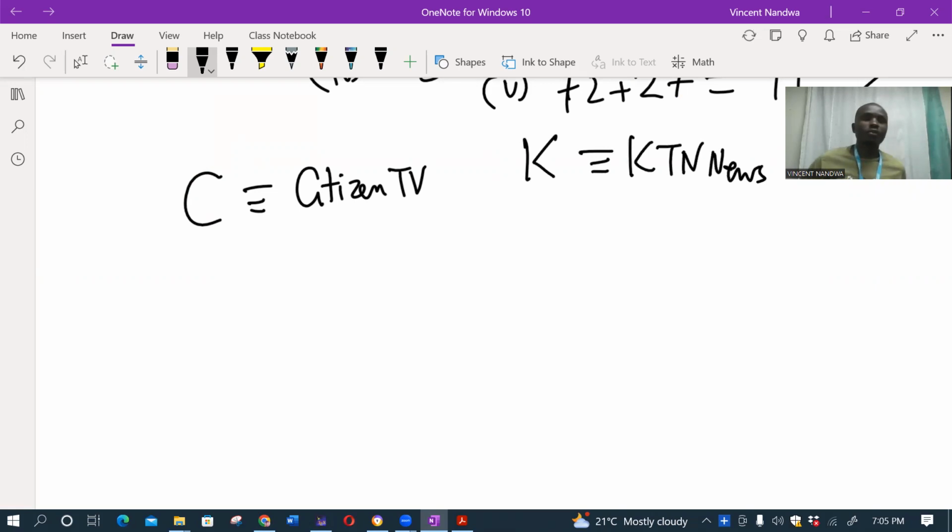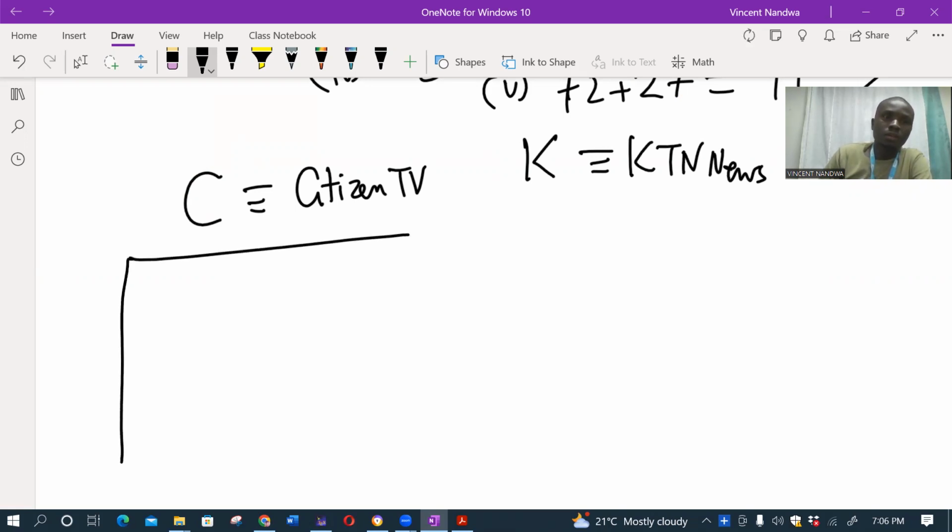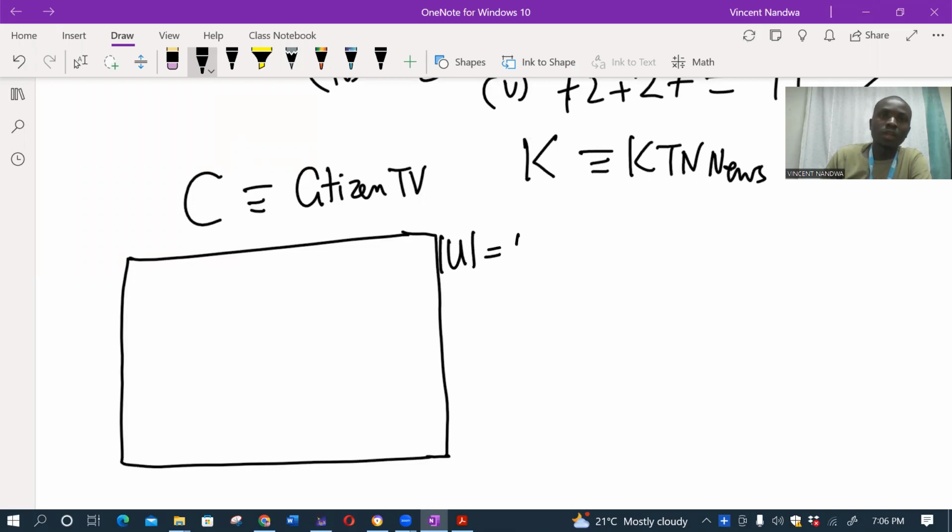I'm just picking C and K for convenience so that whenever I say C, I relate to Citizen TV. When I say K, I relate to KTN News. But you could as well pick other letters. So this is the universal set whose cardinality will be 500.